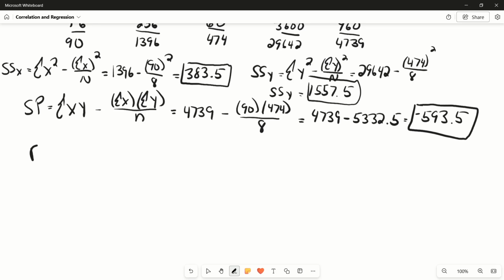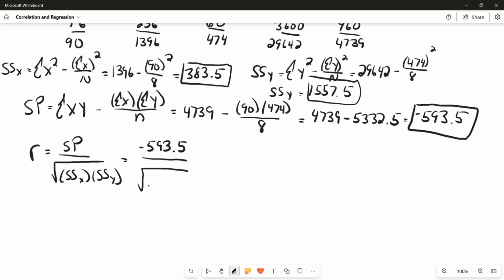Plugging in for r. R is SP over the square root of the sum of squares of x times the sum of squares of y. SP is negative 593.5. Sum of squares of x, 383.5.